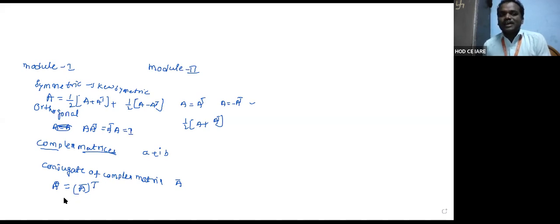Just as we learned for real matrices, here we learn the Hermitian matrix.